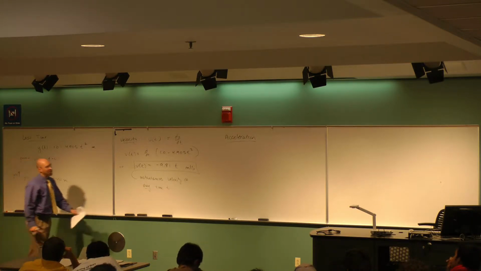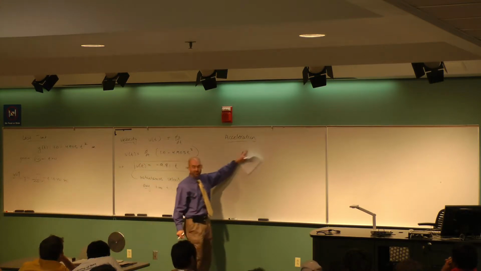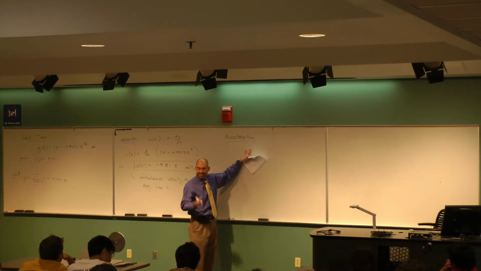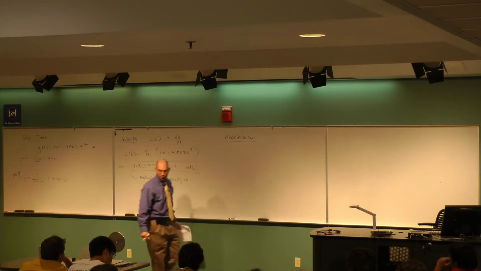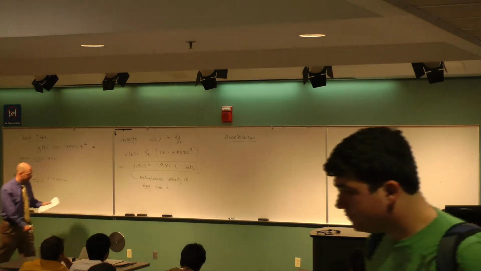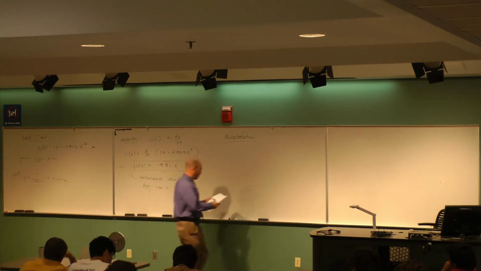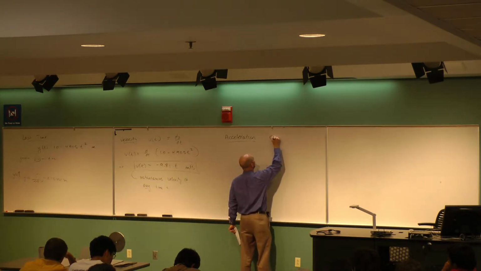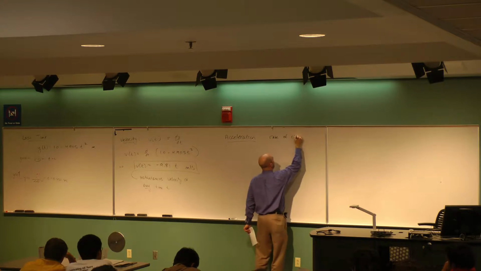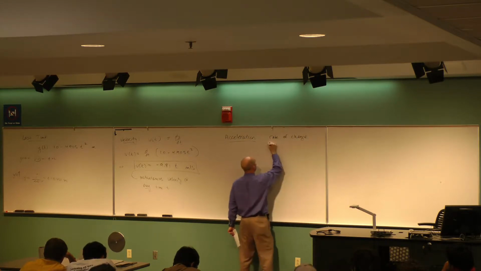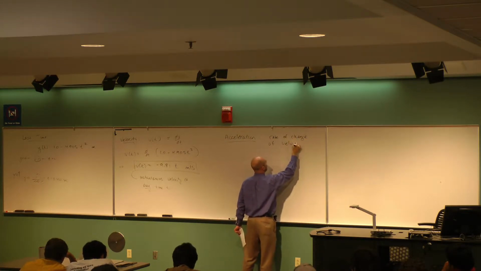If I want to know the acceleration at any specific point in time, I need the instantaneous acceleration. So I want the derivative of the velocity, the rate of change of the velocity.